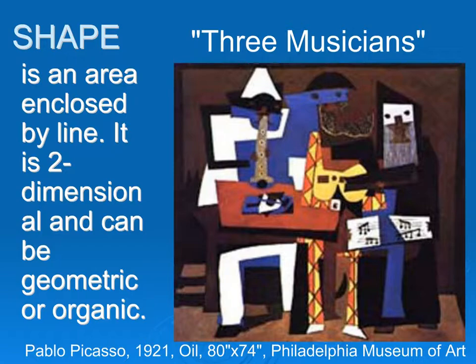Look for medium and small shapes. Look for rectangles. Look for some circular type shapes. Look for geometric shapes and some flat shapes. Look at how Picasso uses light and dark, and look for the outline shapes and the unoutlined shapes.